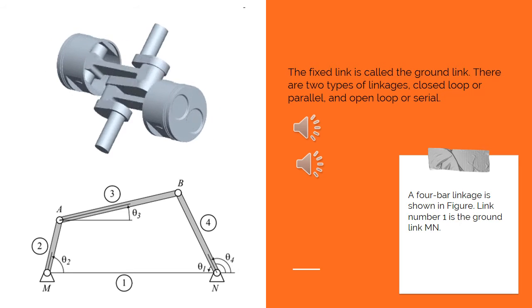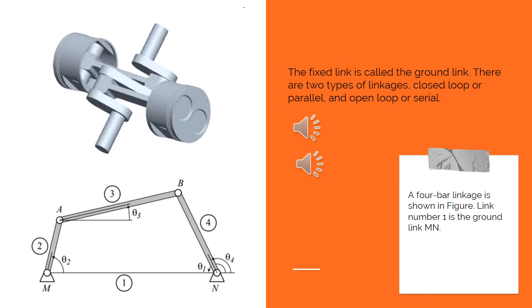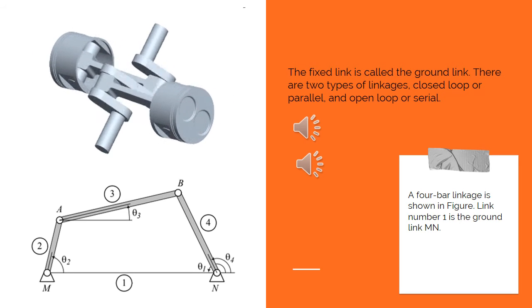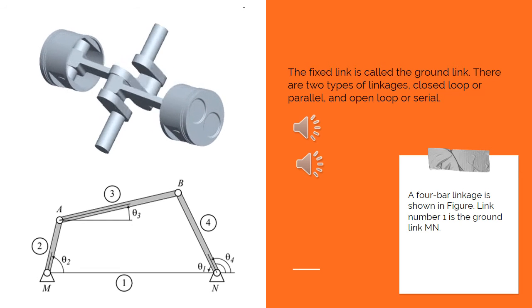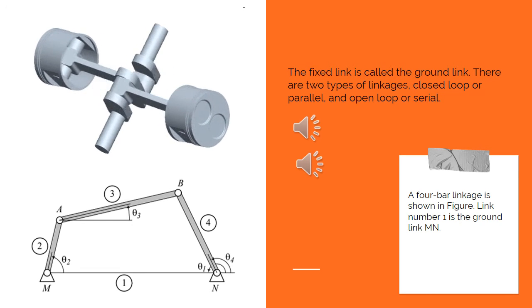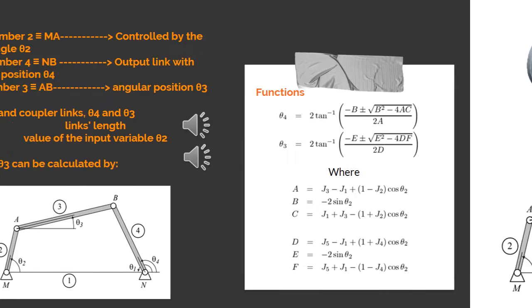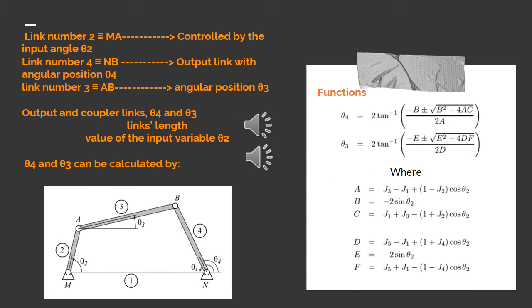A 4-bar linkage is shown in the figure. Link number 1 is the ground link MN, and it is the base and the reference link. We measure all the variables with respect to the ground link. Link number 2 is the direction MA, and is usually the input link, which is controlled by the input angle 2.